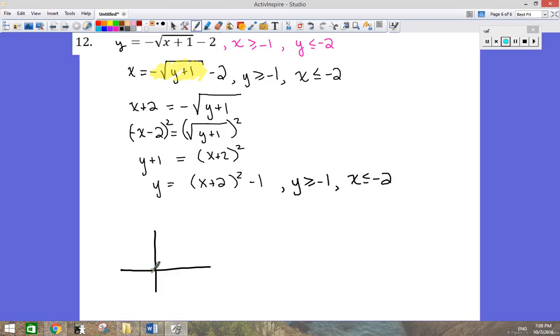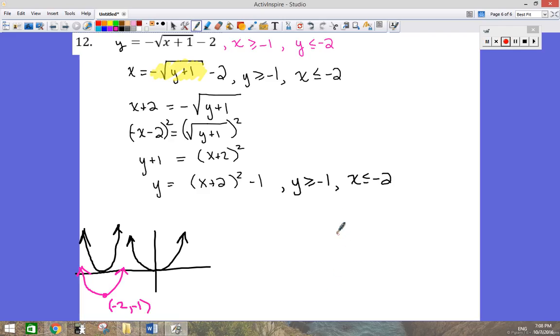X squared sits at the origin. The plus 2 is going to shift to the left 2 units. The minus 1 is going to shift down 1 unit. So the coordinates of this point: left of 0, 2 to the left made the x coordinate negative 2, 1 down makes the y coordinate negative 1.